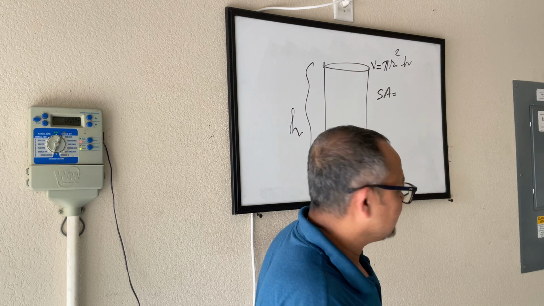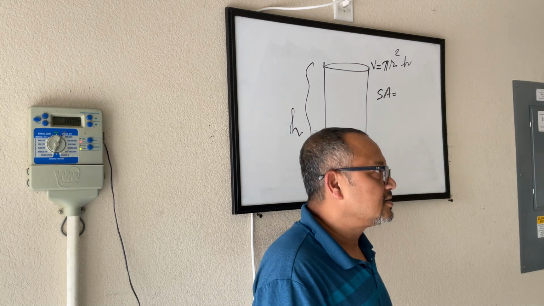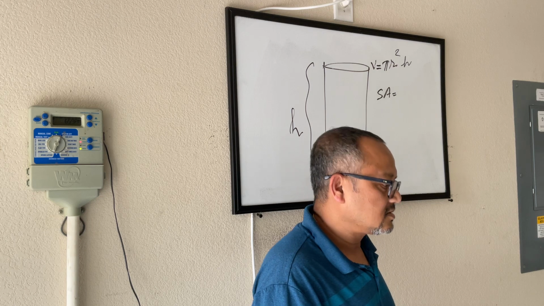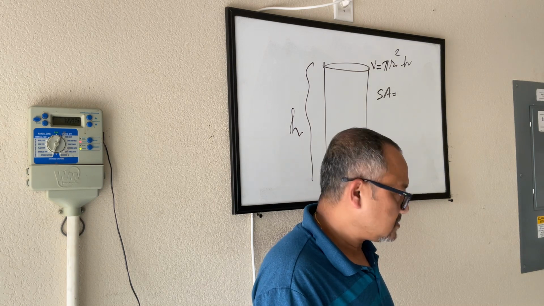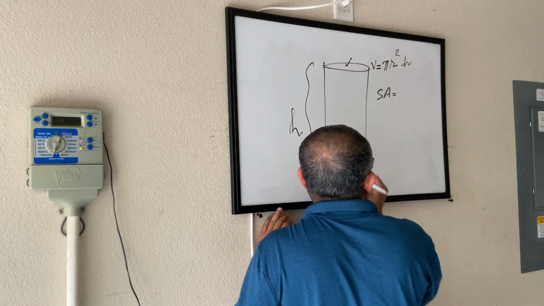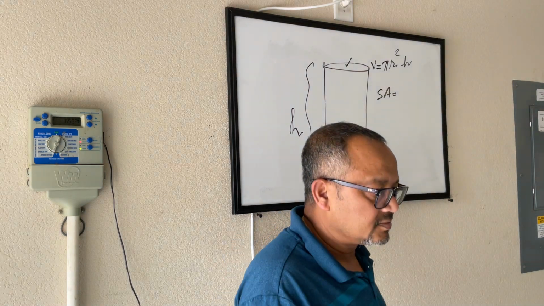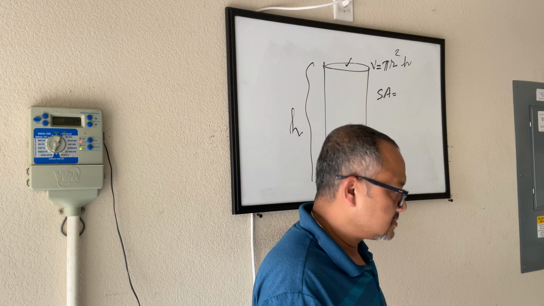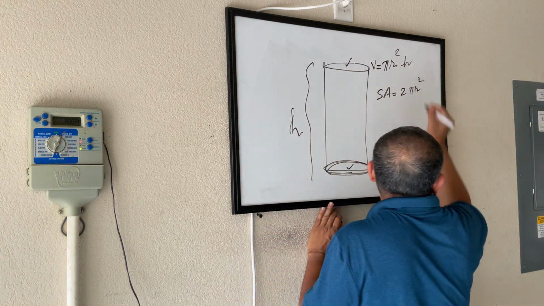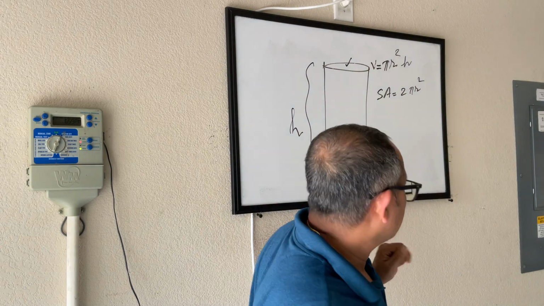So a right cylinder consists of two circles and a rectangle, which has been curved around the two circles as bases. Mm-hmm. So to get the surface area, you would get the surface area of each circle, which would be 2 pi r squared. Yeah?